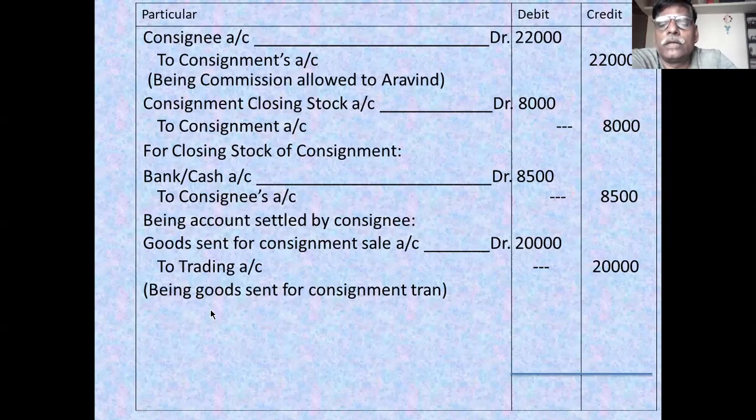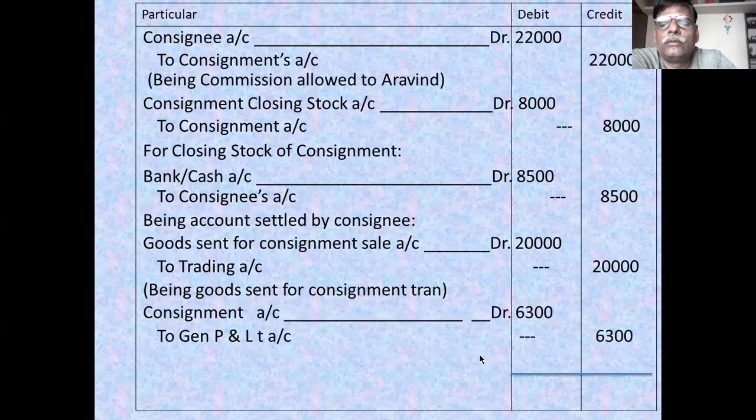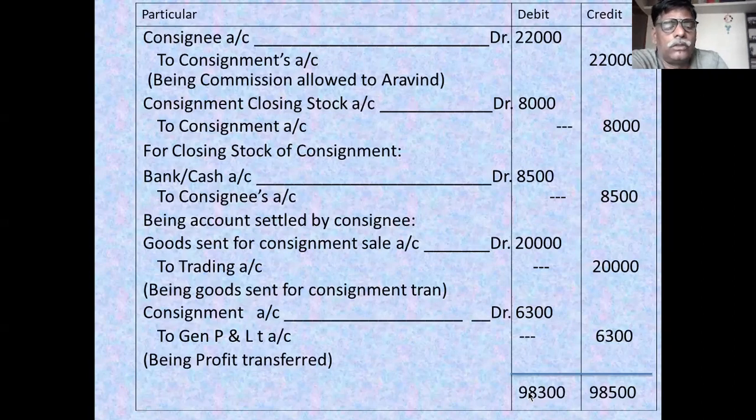Consignment account debit 6,300 to general P&L account 6,300, being profit transferred. In this way, you write the journal entry. If they ask for journal entry, you write it like this. So total is 98,500 on both sides, it is not 95. Okay. This is enough for today. We'll see some more examples in the next class.